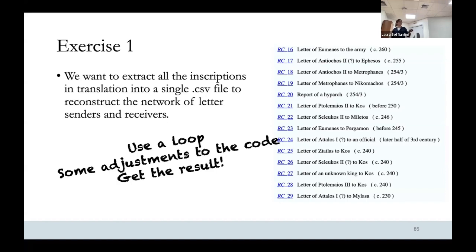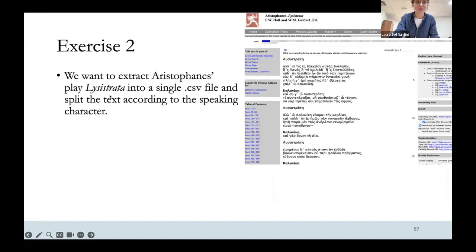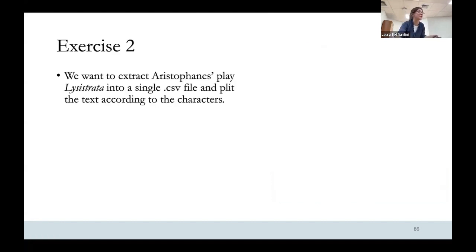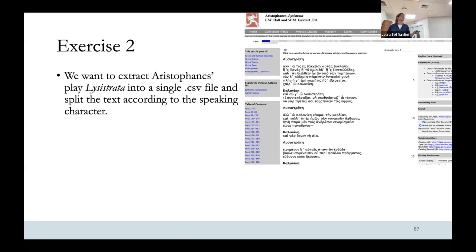For each URL and address, do exactly the same with it. Some adjustment to the code and get the results. I think we used all the time for the first exercise, but it's okay. I'm going to share, just to show you very briefly what we can do.